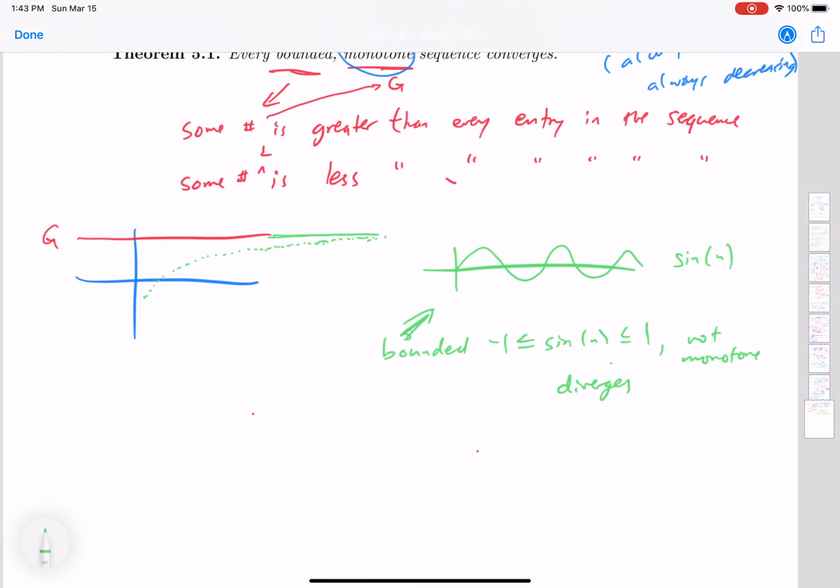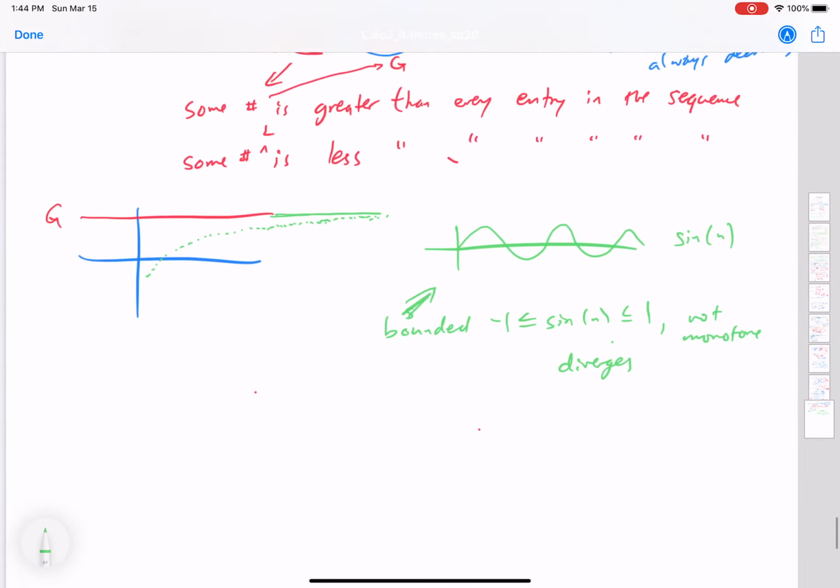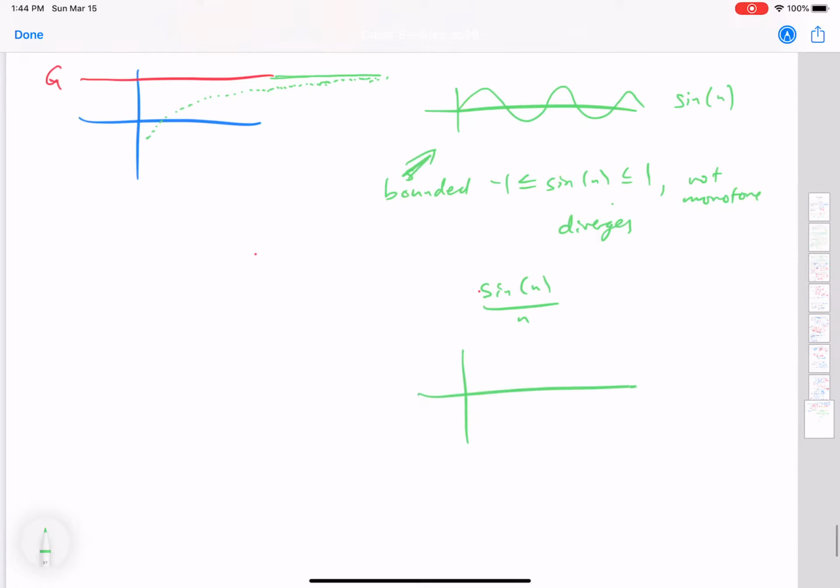On the other hand, I could have the function sine of n divided by n. And that's going to look similar to that one above, but because I'm always dividing by n, as I go further and further out, my humps get smaller and smaller, right? This top thing, the sine of n, is bounded by 1 and -1, and this bottom number is just going to go to infinity.